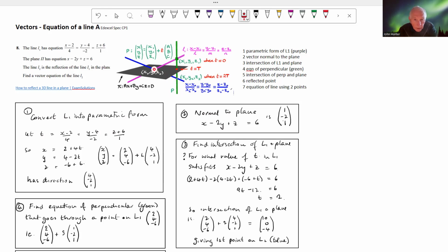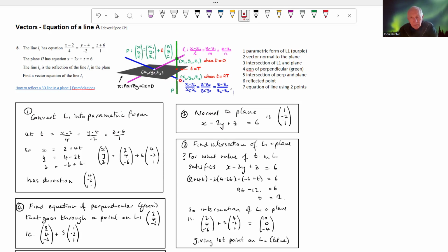Well, this one here is the intersection of the line and the plane, so that's relatively straightforward. This one is the reflection of this point. I mean, it could be any point on the line. But in order to do that, we need to find the equation of this perpendicular.